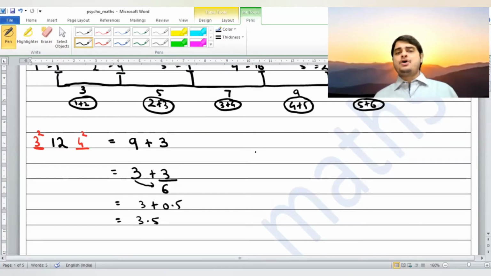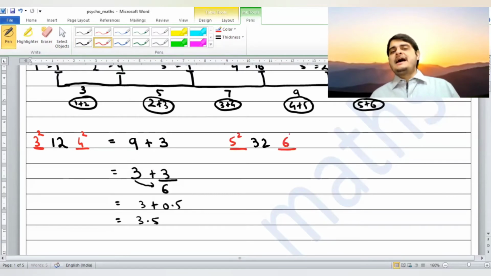See, let us try more numbers. Suppose I want the square root of 32. So check, 32 lies between the square of 5 and the square of 6. Now what shall we do? Always keep in mind the smaller number.